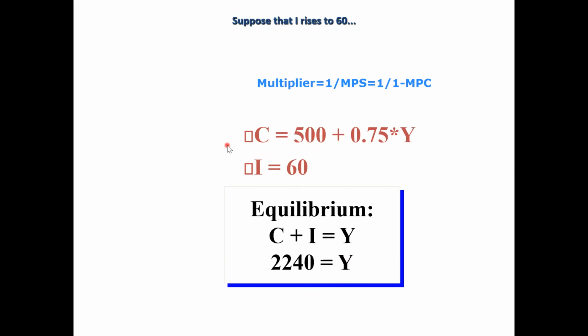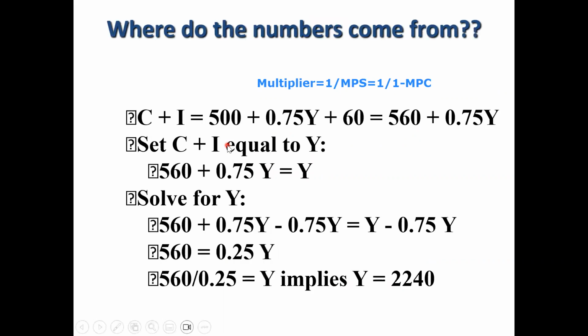So here, if we want to get the equality, we have consumption plus investment, which equals 500 plus 0.75Y plus 60, which gives 560 plus 0.75Y.